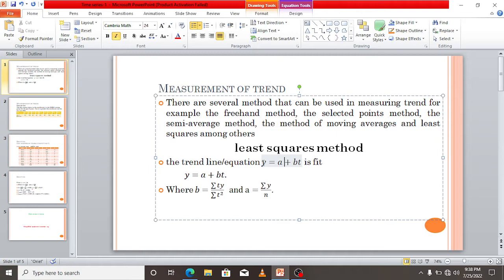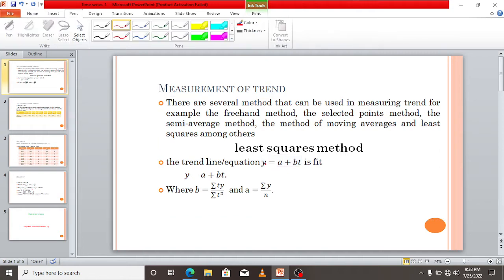Okay, so our equation, it is y equals a plus bt. Our task is to know what is y implies a, b, and t. Okay, so we are going to look at them, no worries. So what is y?